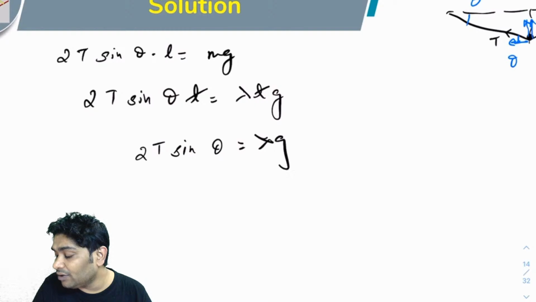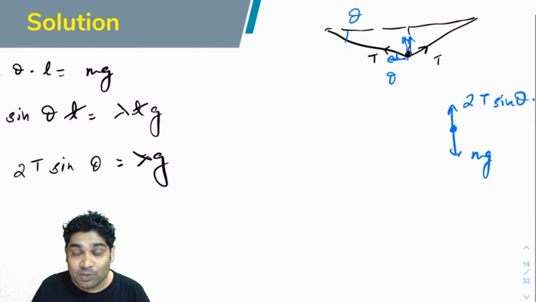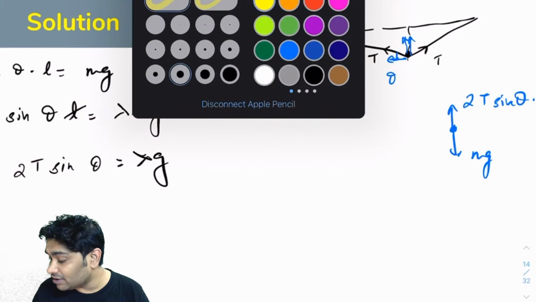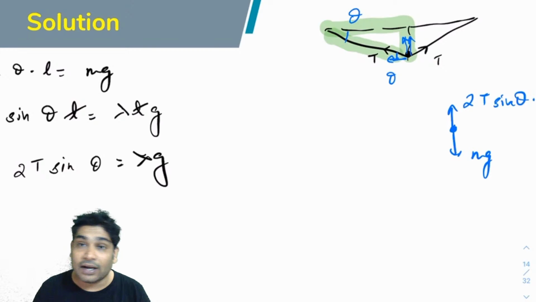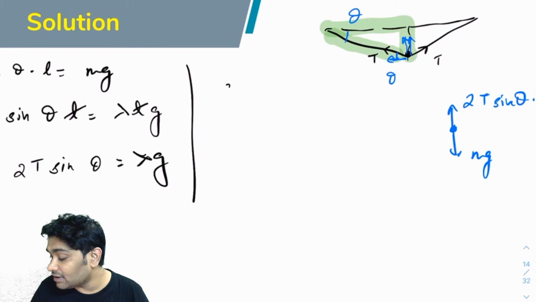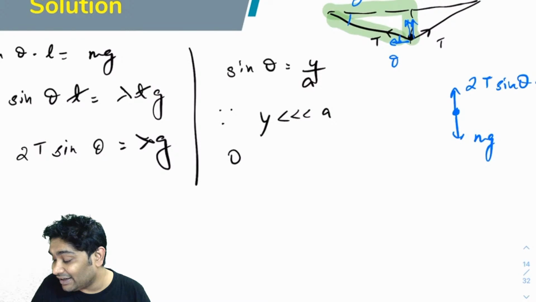Now all I need to do is make use of the fact that I've been told that y is much less than a. So just look at this triangle. In this triangle, sin theta is nothing but y over a. Since y is much less than a, sin theta tends to 0, so theta tends to 0.